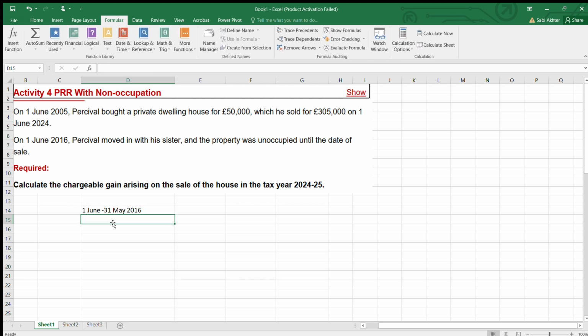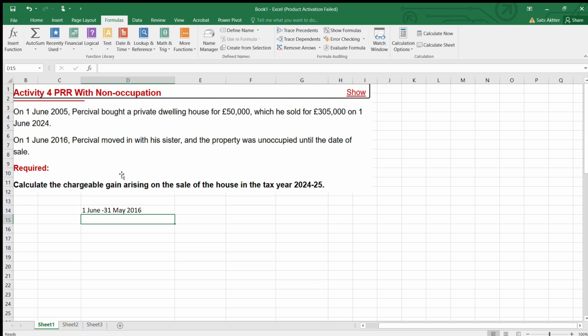Then remember, the last 9 months are taken as deemed occupation. So take the last 9 months out. When are you selling it? June. Okay. So from June 2024, go 9 months back.